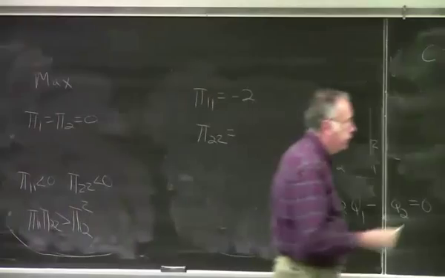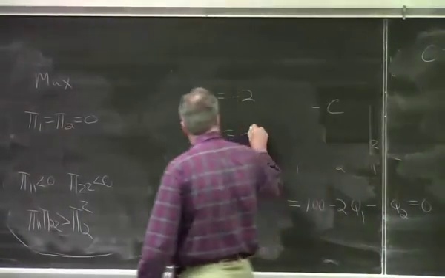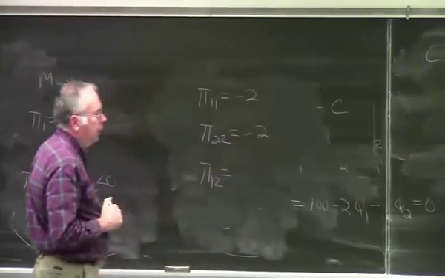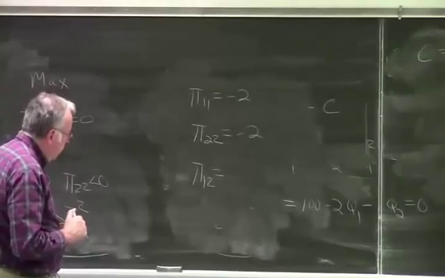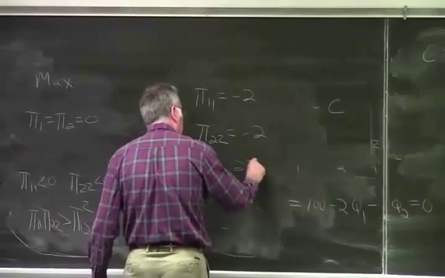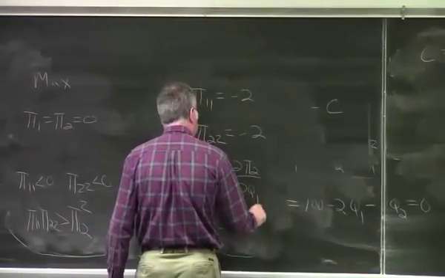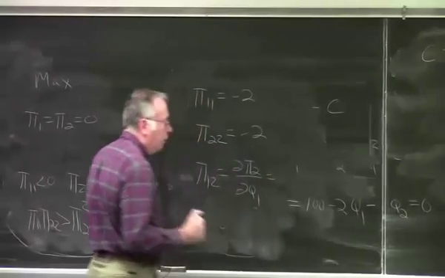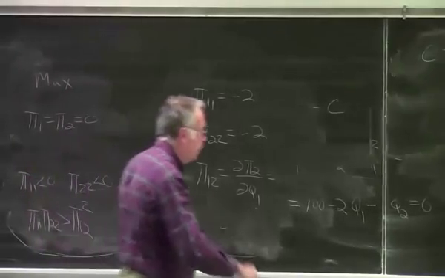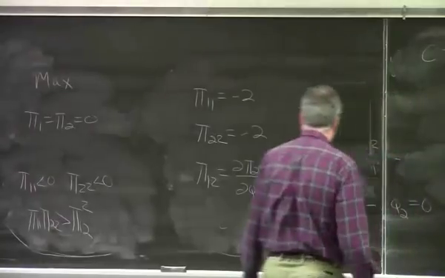That's this coefficient right here. What about pi 1, 2? Pi 1, 2 by definition would be the partial derivative of pi 2 with respect to Q1. And what would that be? Anybody? Negative 1. Okay. Partial derivative of pi 2 with respect to Q1 would just be negative 1.